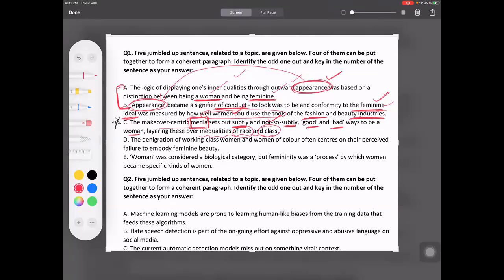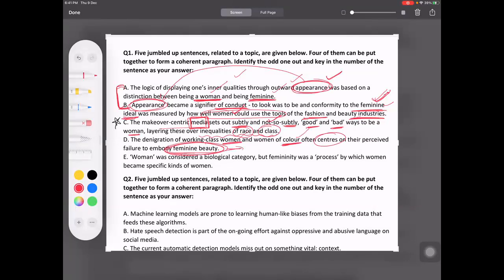D option says the denigration of working class women and women of color often centers on their perceived failure to embody feminine beauty. Now they are talking again about the B option, because here they are saying that working class women and women of color often center on their perceived failure to embody feminine beauty.